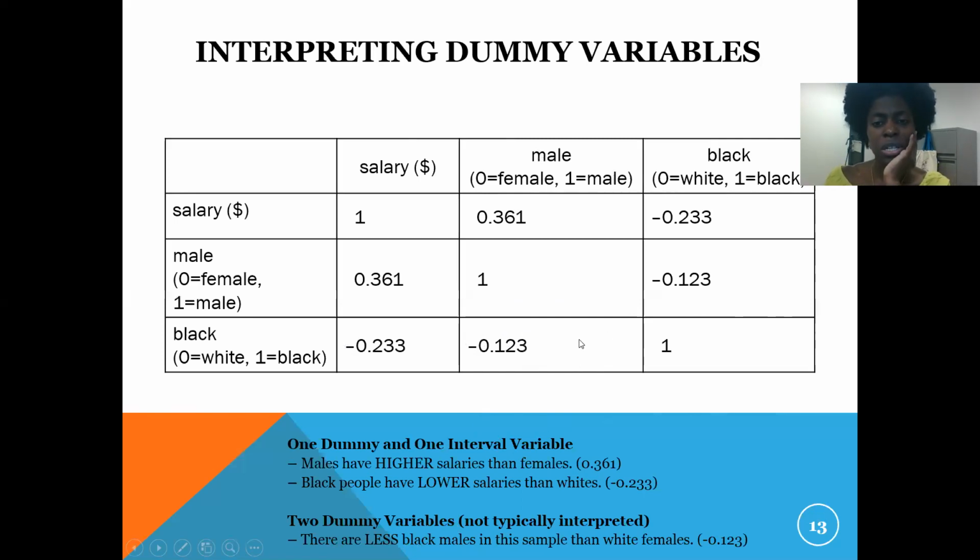And so we should not be concerned about a correlation coefficient that is about two dummy variables. We should not be concerned about a correlation coefficient, an R value, that corresponds to two dummy variables. We, again, should never be concerned with such a value, okay?